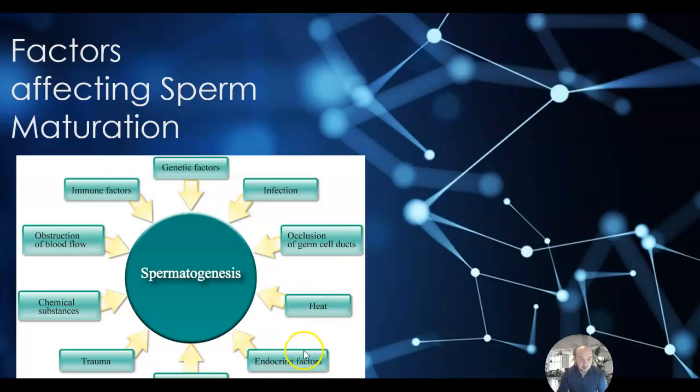If you have endocrine factors, if your testosterone levels are too low, then your spermatogenesis decreases. If you suffer some trauma down in the gonads, this will affect production of sperm. And then, of course, you have radiation or some chemical substances that could affect spermatogenesis, including some illicit drug use, which can cause some issues.